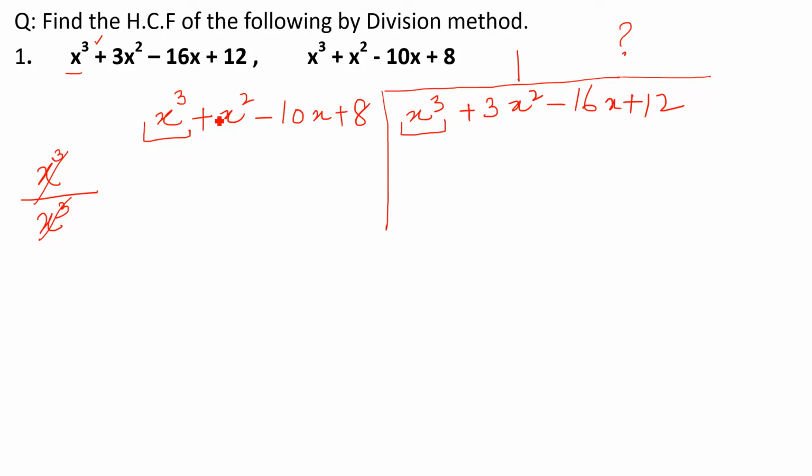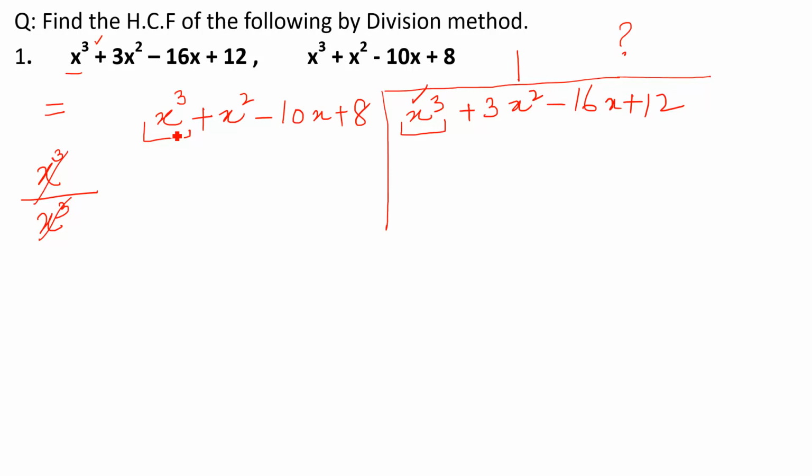So this is x cube, this is x cube, this is equal to, which is okay. Otherwise, you cannot solve the question. I will let you know then what you have to do. So take the first term of the dividend in the numerator, take the first term of the divisor as a denominator, we will divide it and get 1.